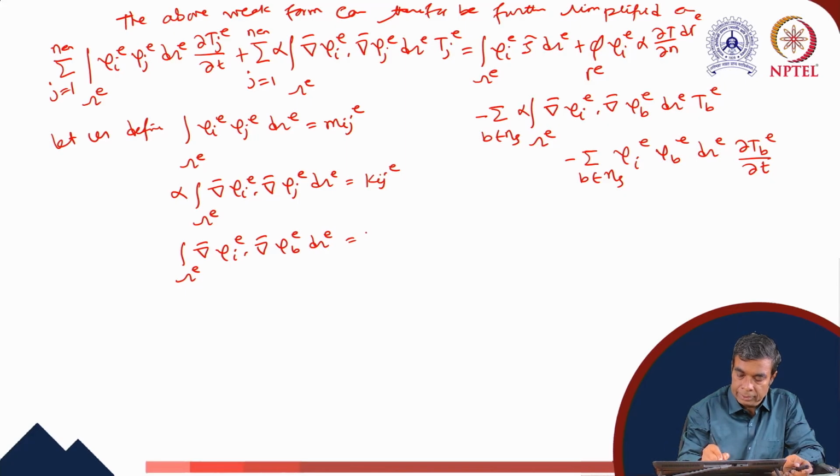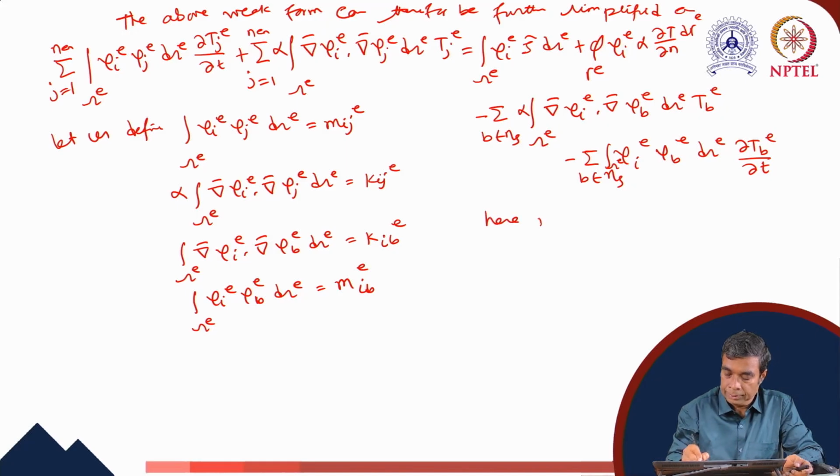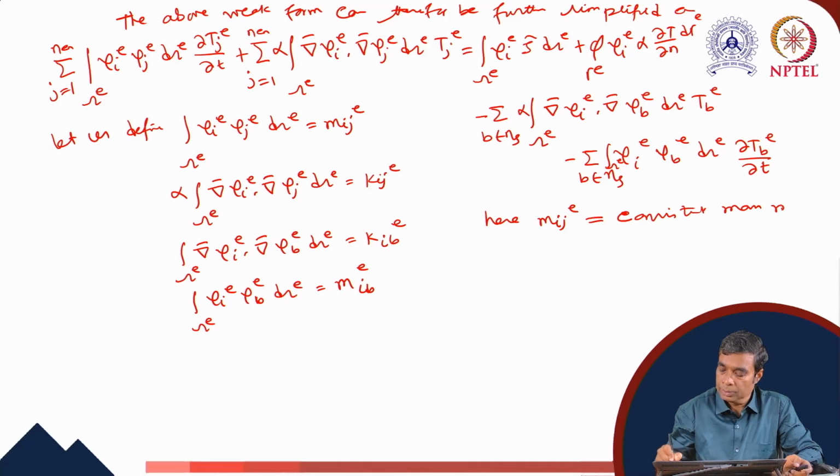This we can write as K_ib^e. Similarly, the last term we can represent as integration over omega^e psi_i^e psi_b^e d omega^e equals to M_ib^e. Here M_ij is known as the consistent mass matrix that arises due to discretization of the unsteady term.